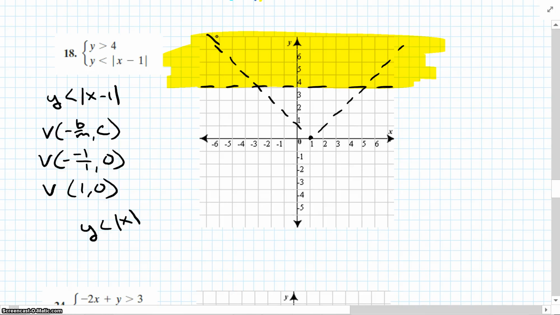And it says y is less than. So basically everything outside above x equals 4 and underneath is our solution set for number 18.